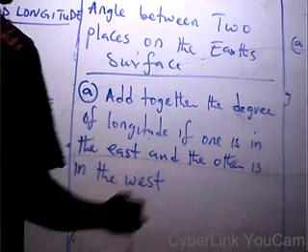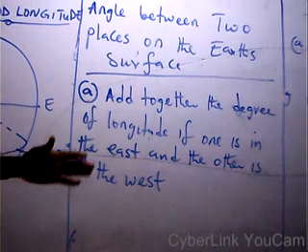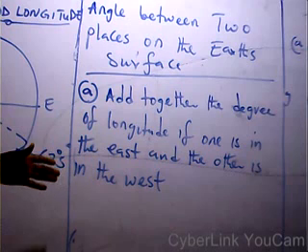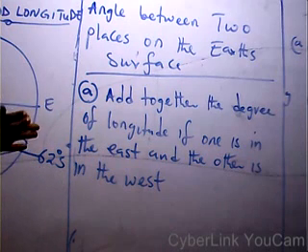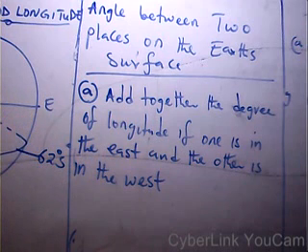That means that if we have 2 longitudes such that one is in the east, the other one is in the west with the common latitude, then to get the angle between them, we are going to add the degree in longitude to get the angle.